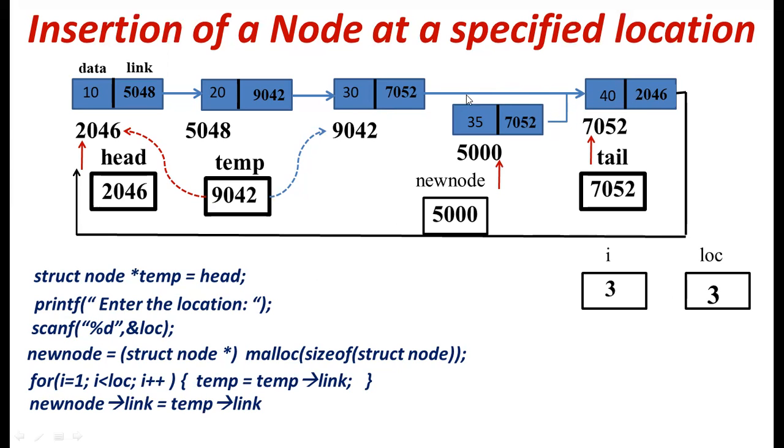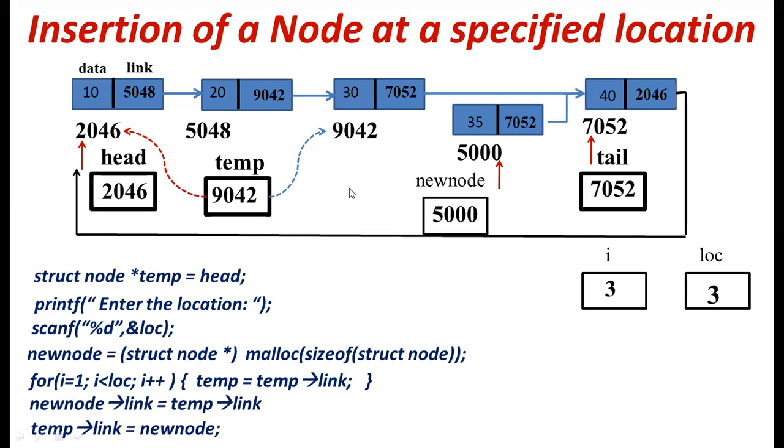Now we have to disconnect this and connect this link here. So here we have to place the value of 5000. What is 5000? 5000 value is new node value. And what is this place? This place is nothing but temp to link. So in temp to link value, we need to assign the value of new node.